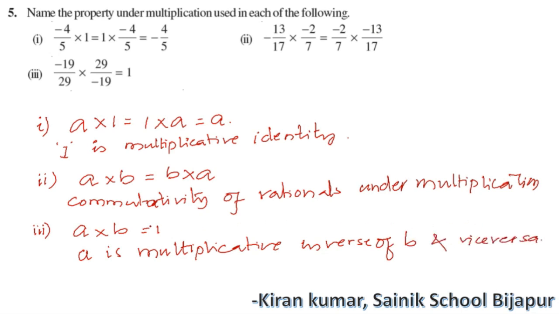It means A will be multiplicative inverse of B. At the same time, B will be multiplicative inverse of A.